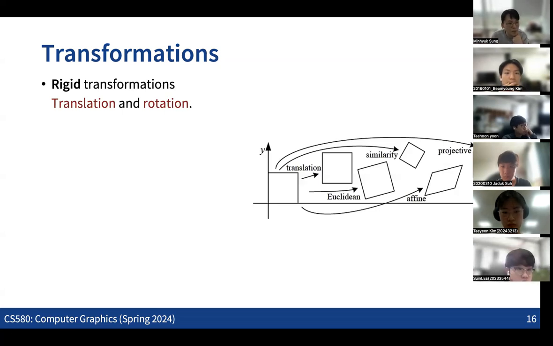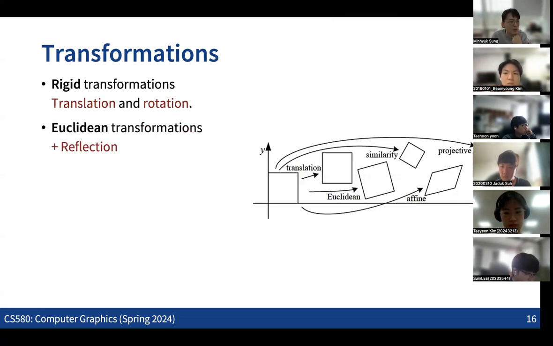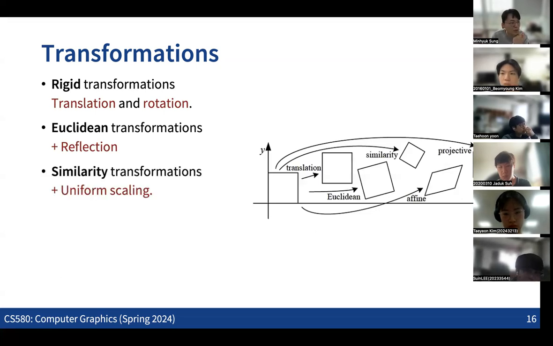And when you talk about the Euclidean transformation, that includes everything in the rigid transformation plus the reflection as well. So those are the cases where we have translation, rotation, and reflection. And when you talk about the similarity transformation, this is typically the case where we are adding the uniform scaling. So if we have translation, rotation, reflection, and also uniform scaling, these are the similarity transformations.